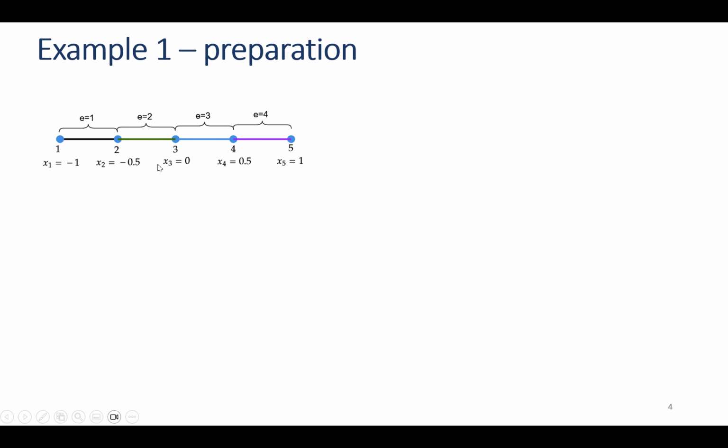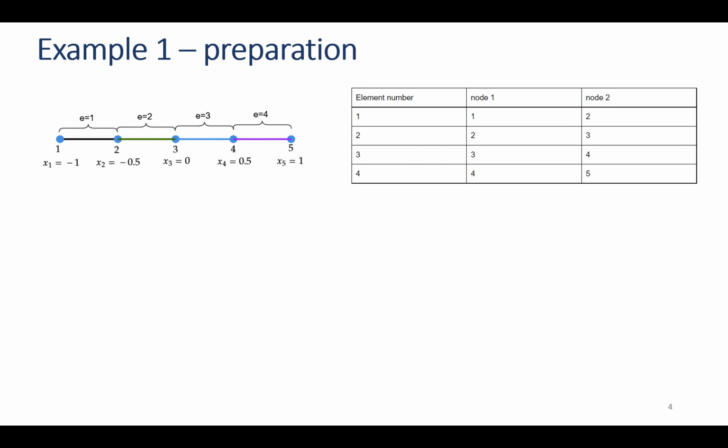And these are the x coordinates of each node. For the sake of assembly of the element stiffness matrices into the global stiffness matrix, we prepare an array. For each element, we identify the nodes it is connected to. Each element is connected to 2 nodes, a first node and a second node.